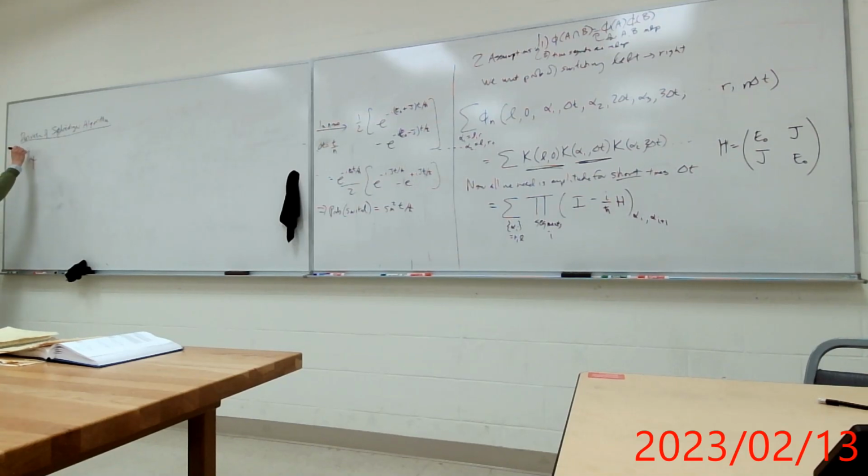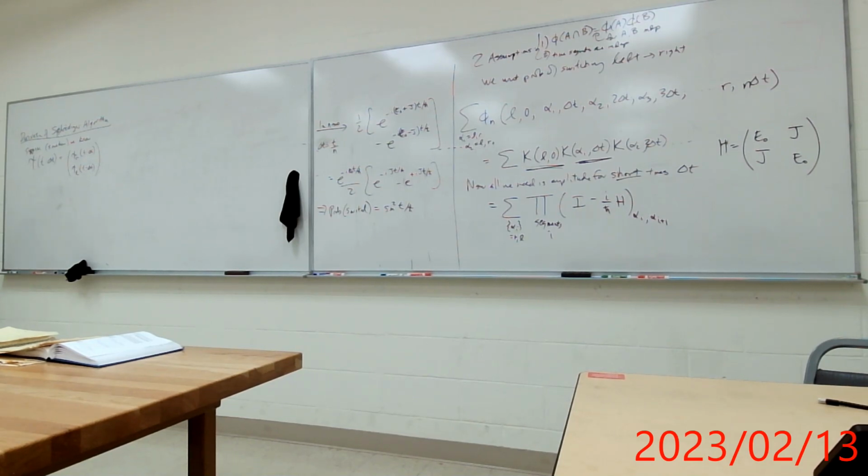So suppose we know psi at t minus delta t. And this is a ket. So this is right and left. So we've got two amplitudes. Amplitude for being on the right, amplitude for being on the left.